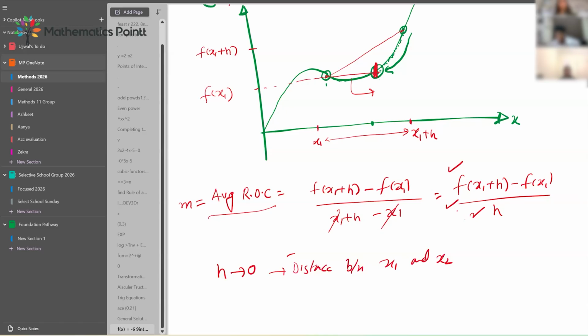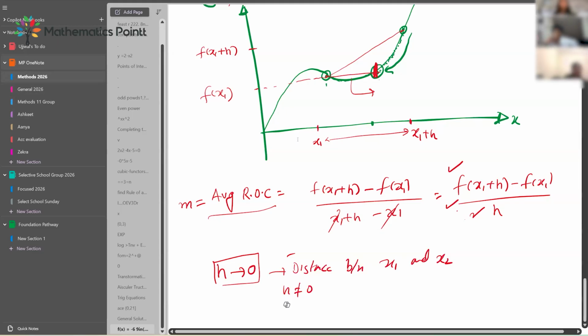So far, so good, right? So what will happen? And see, I'm not saying at any point in time that h is zero. No, because if h becomes zero, the 2 points will coincide. Then the concept of rate of change does not exist, because it's just 1 point the moment h is zero. But if I say h is approaching zero, there's also a word called tends to.